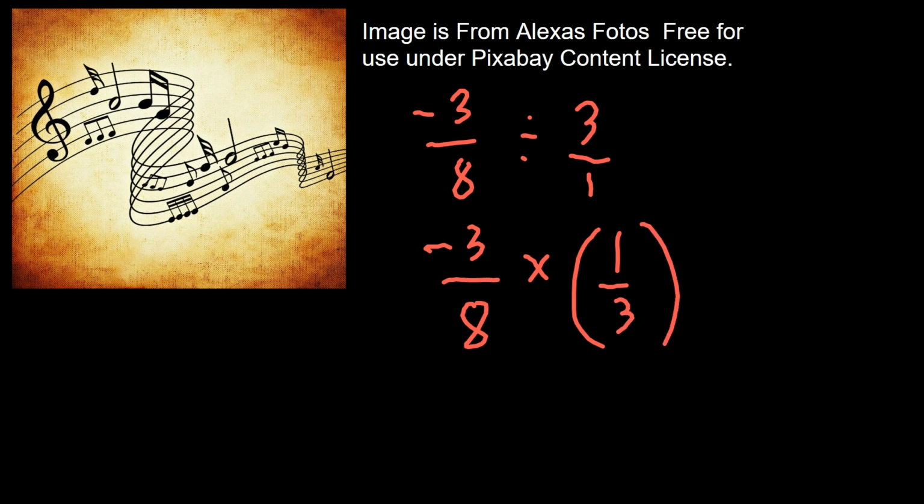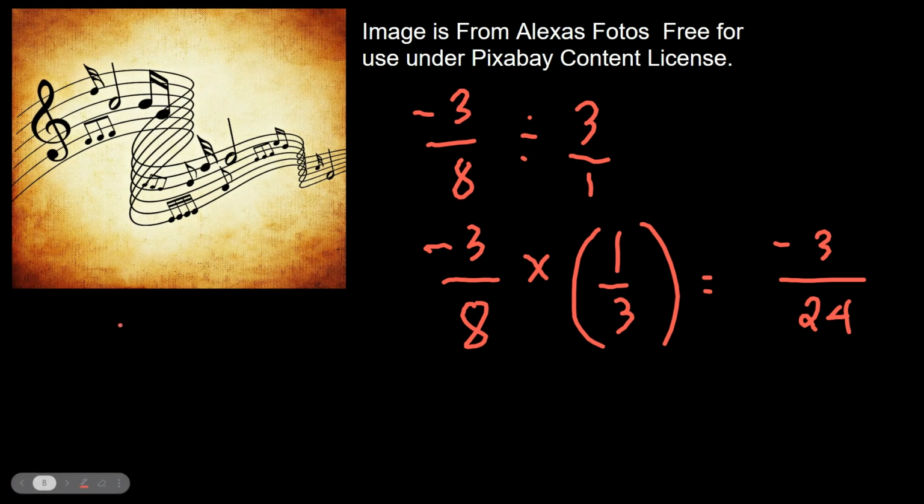Now let's multiply. So negative 3 times 1 is negative 3 over, what is 8 times 3? That's 24. We can actually reduce or simplify negative 3 over 24 by finding our greatest common factor.